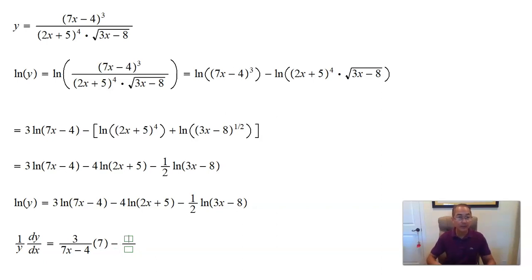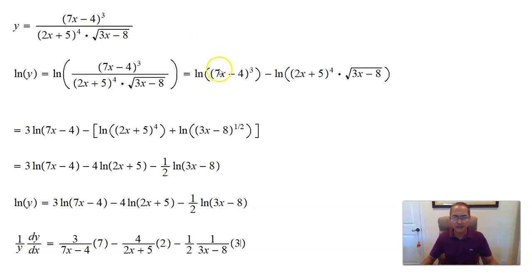So let's write it as minus 4 over 2x plus 5 multiplied by 2. Okay? And third term, we will have minus 1/2, 1 over 3x minus 8, and then multiply by 3.